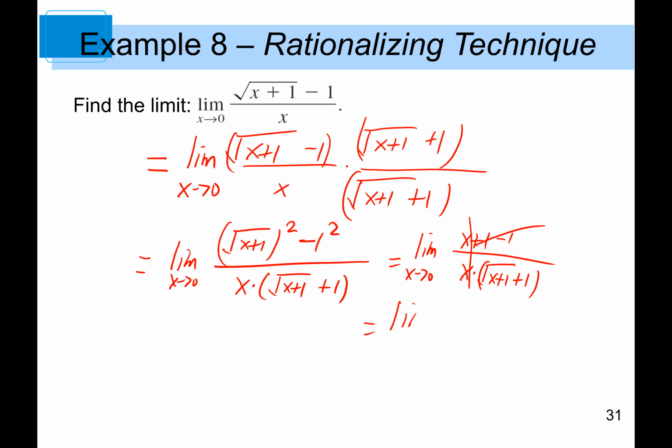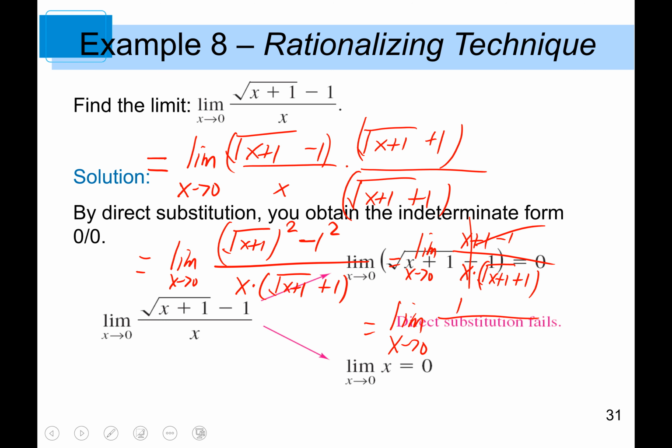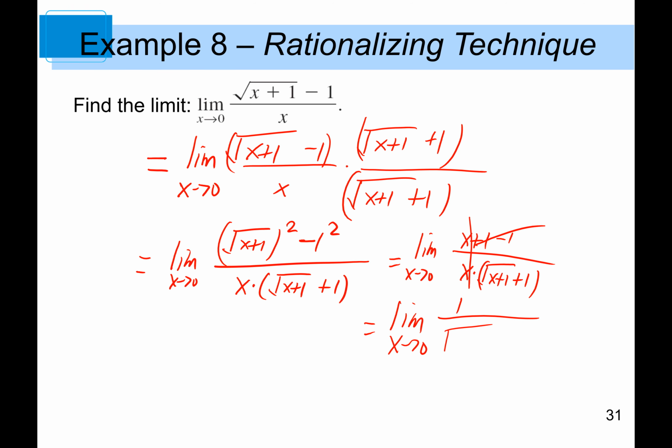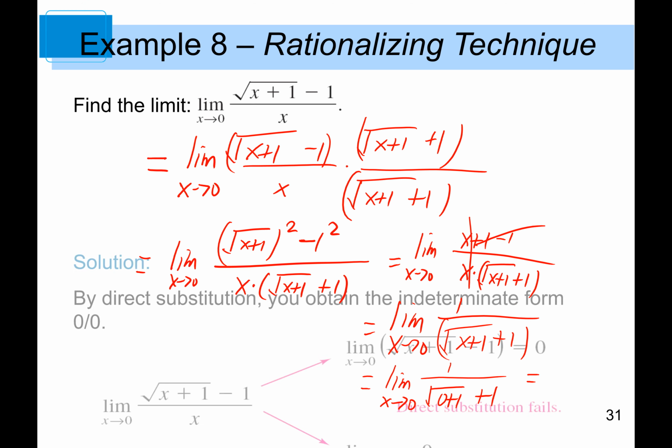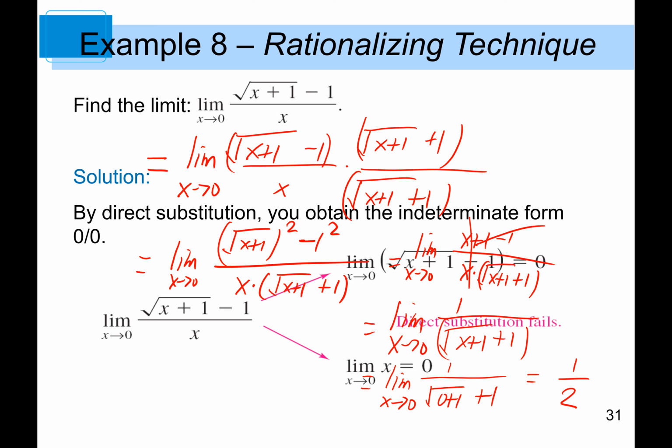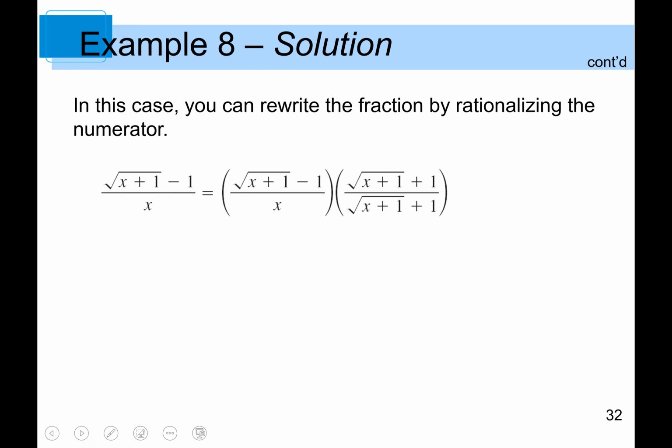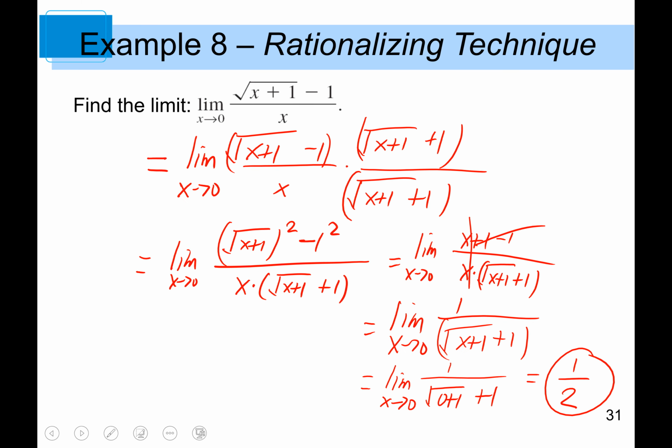Now we have the limit as x approaches 0 of 1 over, now the numerator becomes 1, square root of x plus 1 plus 1. And after that, we can do the direct substitution, replace x with 0, so we get the radical of 0 plus 1, plus 1, becomes 1 over 2, so it becomes half. So the limit in this particular case is half.